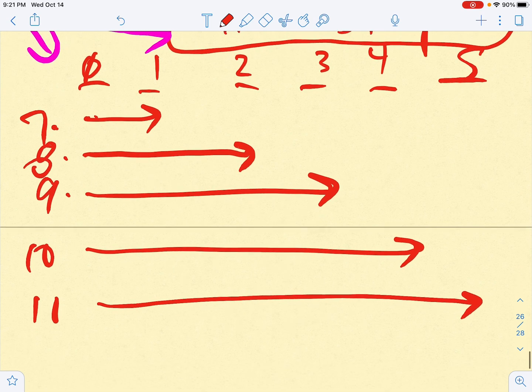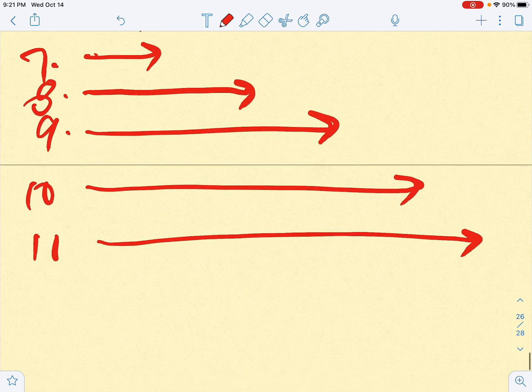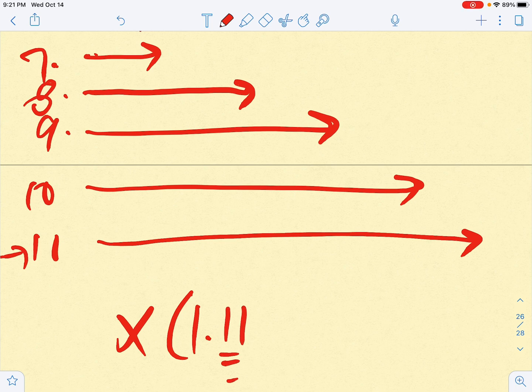So what this means is that whatever amount of money you invest, X dollars, if you buy this security, at date 5 when it matures, you'll have X times 1.11, it's 11%, to the 5th power. Okay, that's how much money you'll then have.